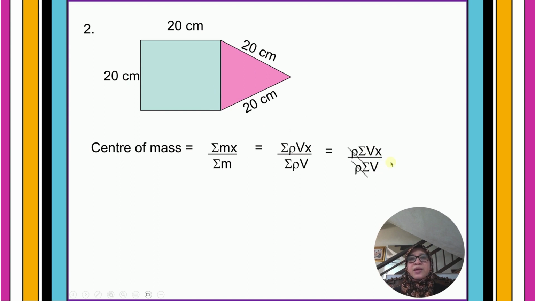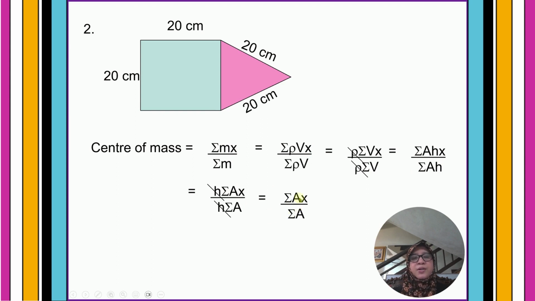So we can use volume as area times thickness h, and since the thickness is the same, it cancels out. Therefore, instead of the sum of mass times x, we can use area times x. This is a special case for plates.